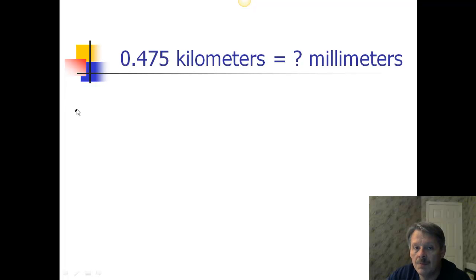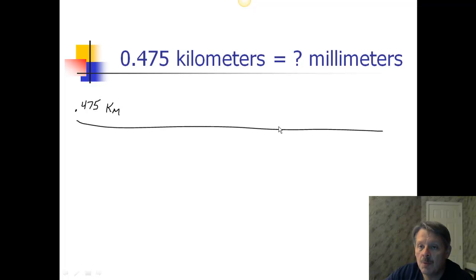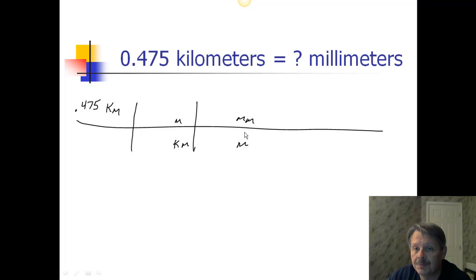All right, 0.475 kilometers. Well, if I'm converting from kilometers to millimeters, I don't know how to do that directly, but I do know how to convert from kilometers to my base unit, which is meters. And once I have meters, I can convert from meters to millimeters. I know that there are 1,000 meters in 1 kilometer and 1,000 millimeters in 1 meter.